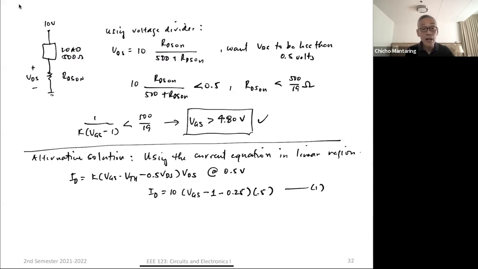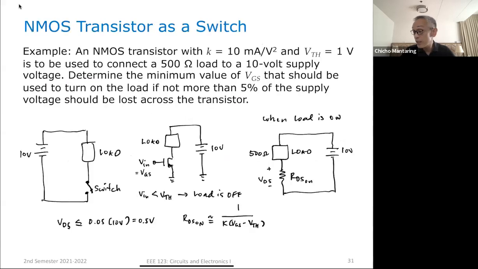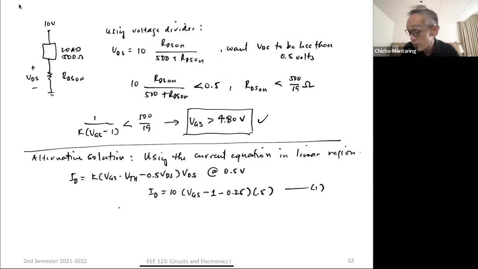Now, what is our second equation? The second equation is this one, the KVL here. In other words, ID is equal to VDD minus VDS over RD.